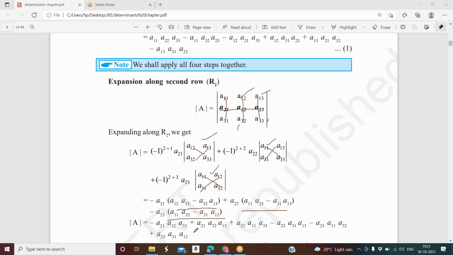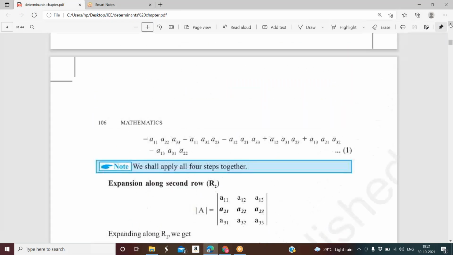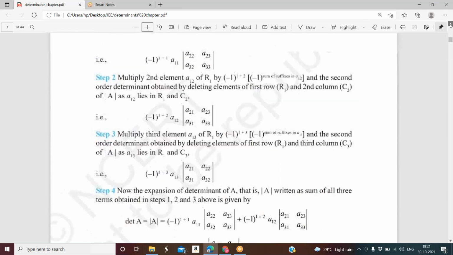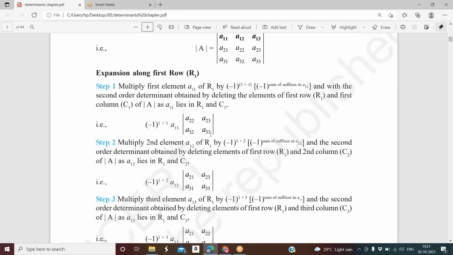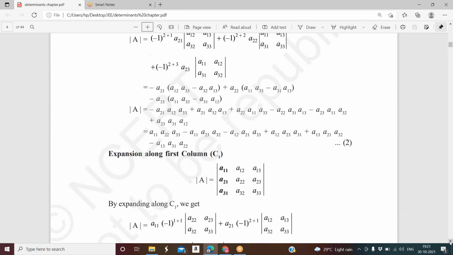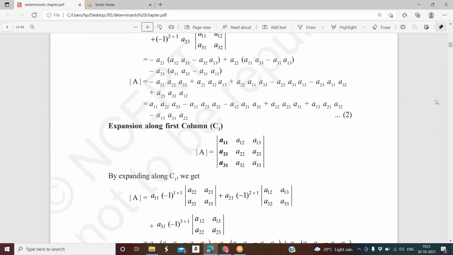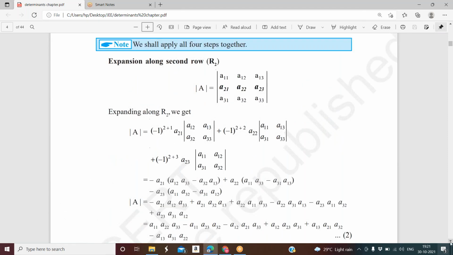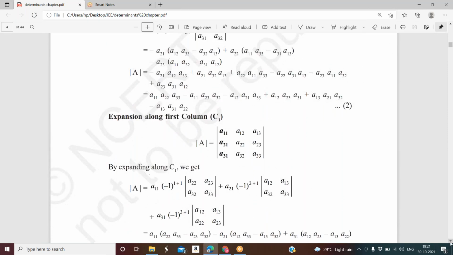So this is the value of the determinant of the given matrix A, where A is a 3 by 3 matrix. So this is expansion along second row. This is expansion along first row. Similarly, we can expand along column wise also. It is also applicable.